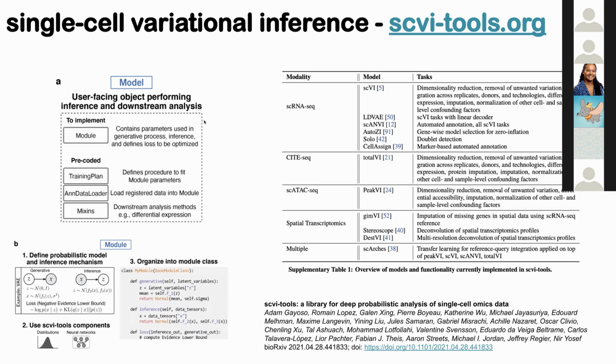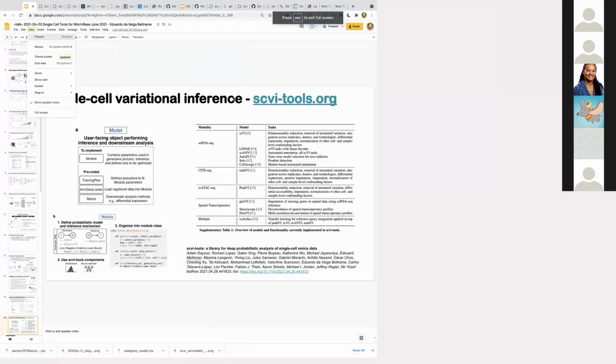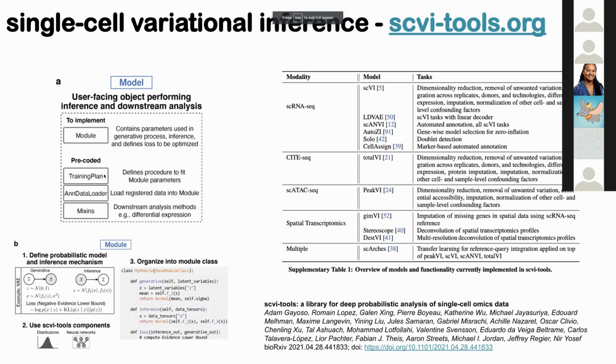And basically, the idea with single cell variational inference is that you have these modules that you develop, and then you can use pre-coded tools like data loaders and training managers and all the stuff from PyTorch, but already packaged to deal with single cell data.